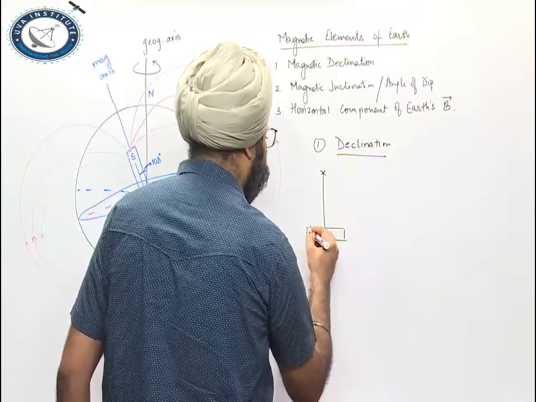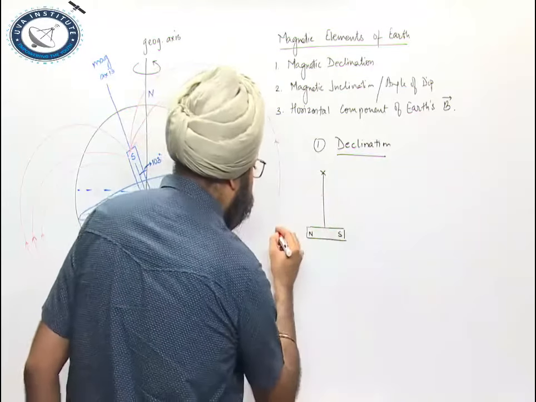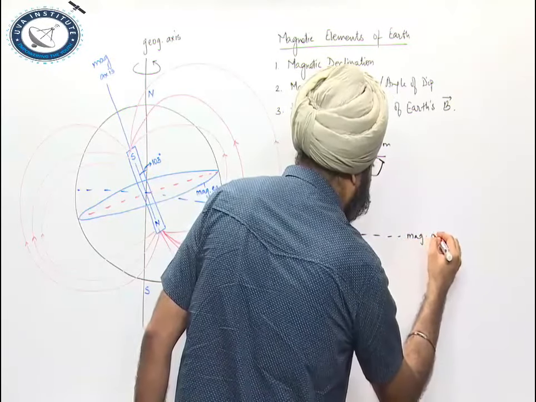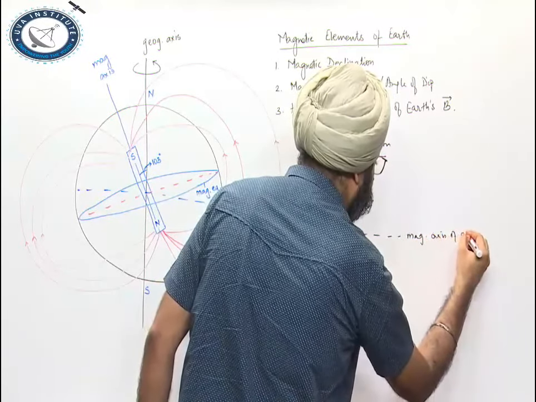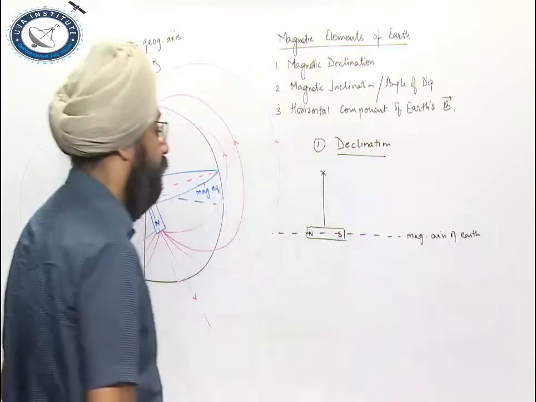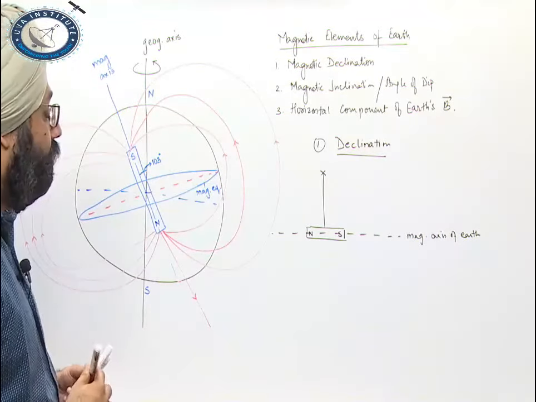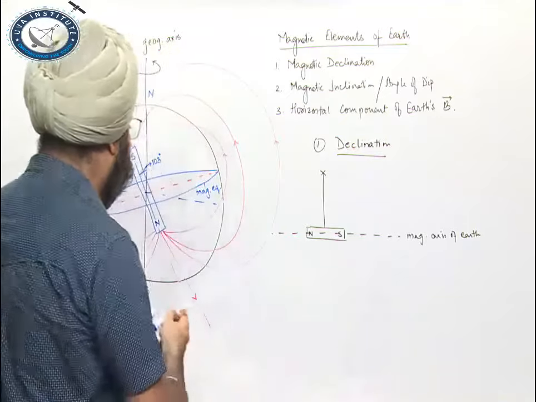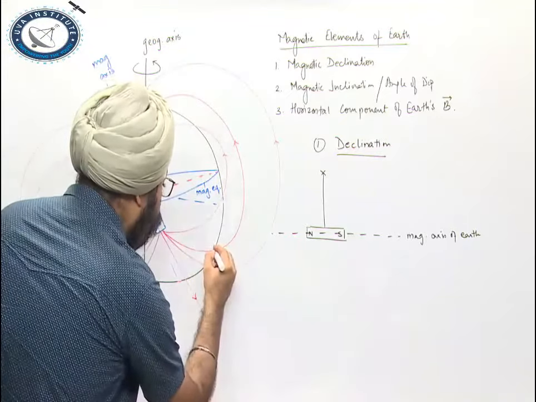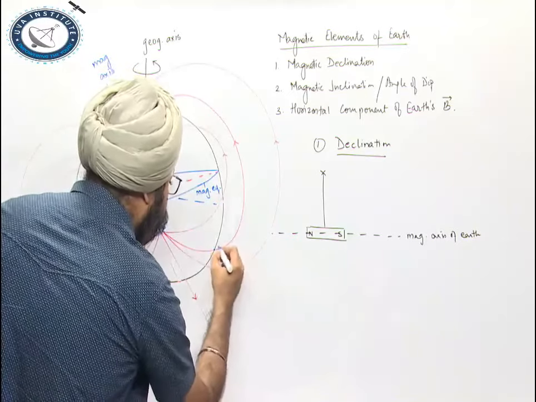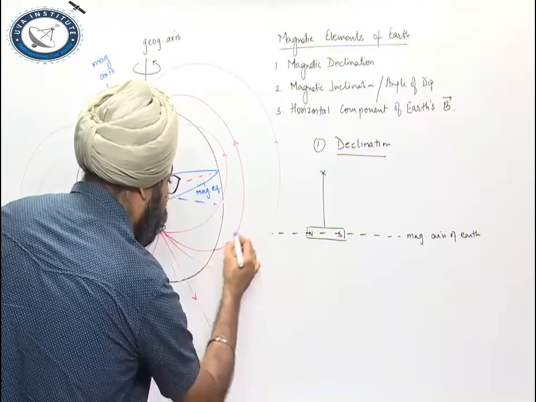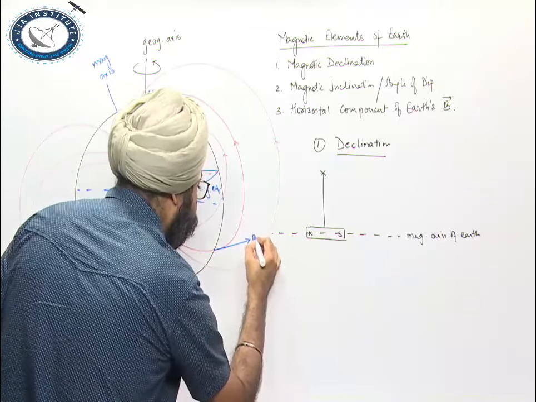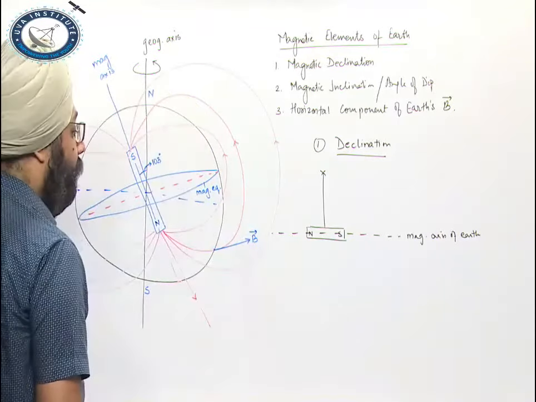Now it is obvious that it will be suspended along the magnetic axis of Earth, and this is the line which is parallel to the horizontal component. Let's see, at this point, the tangent drawn to this red line, that is the magnetic field line of Earth, is B. This is the direction of the resultant magnetic field.